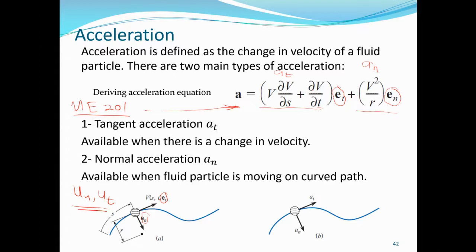Del v del t is the rate of change of velocity with time, which we discussed. It gives the local acceleration, isn't it? No, this is the convective, or in this case, advective acceleration. Sorry, the local is this one, because local has to do with the space.